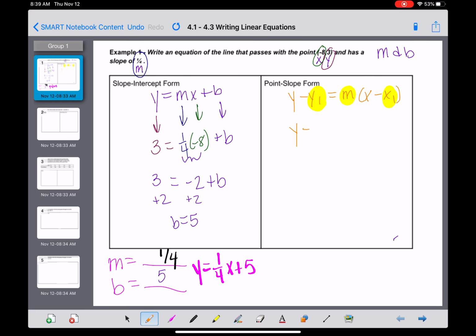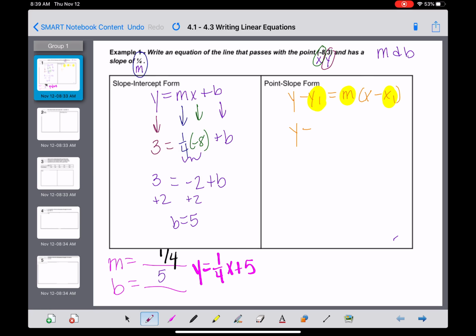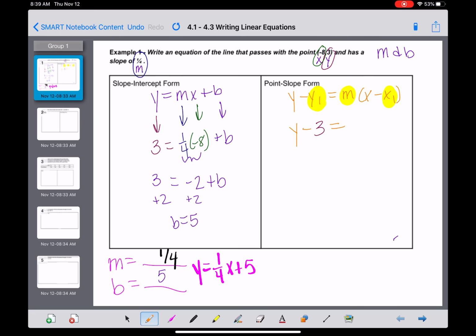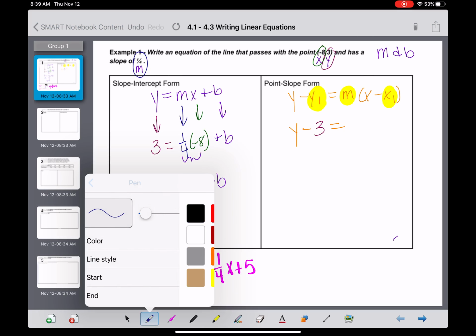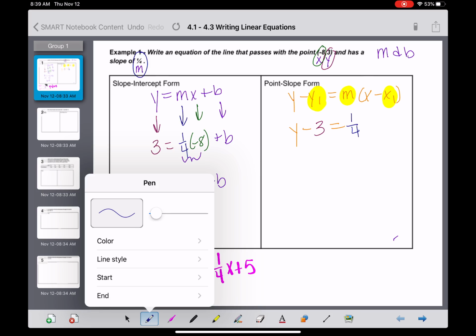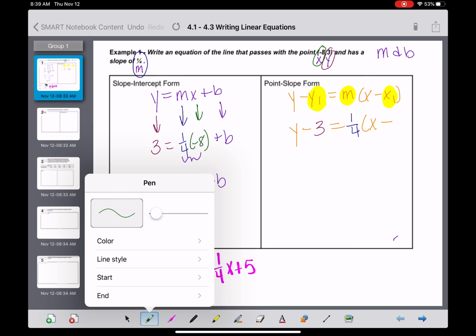So I have y minus, my y1 value is 3. That equals my slope, which is 1/4, times x minus my x1 value of negative 8.